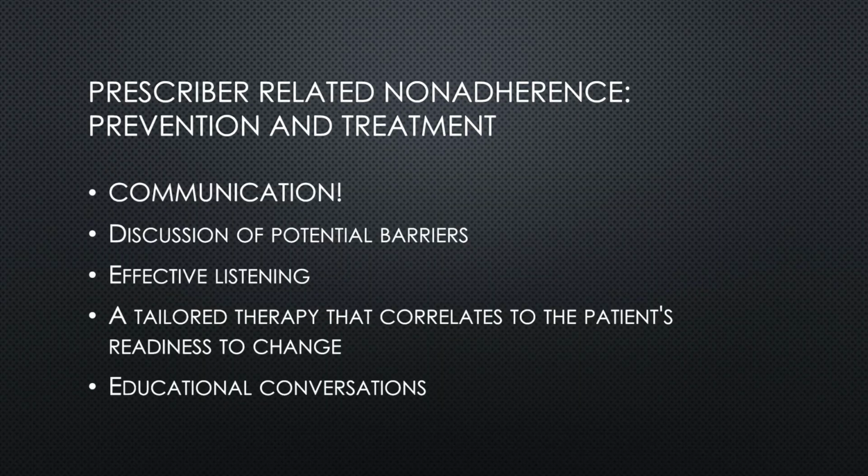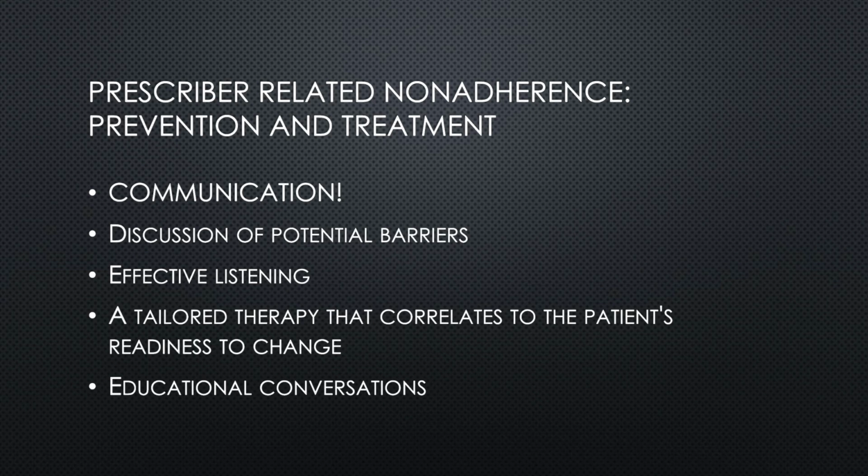Okay, so what can we do to prevent and treat these sources? First, we're going to start with prescriber-related non-adherence. The best thing that we can do in this situation is communicate. That is the best thing that we can do.